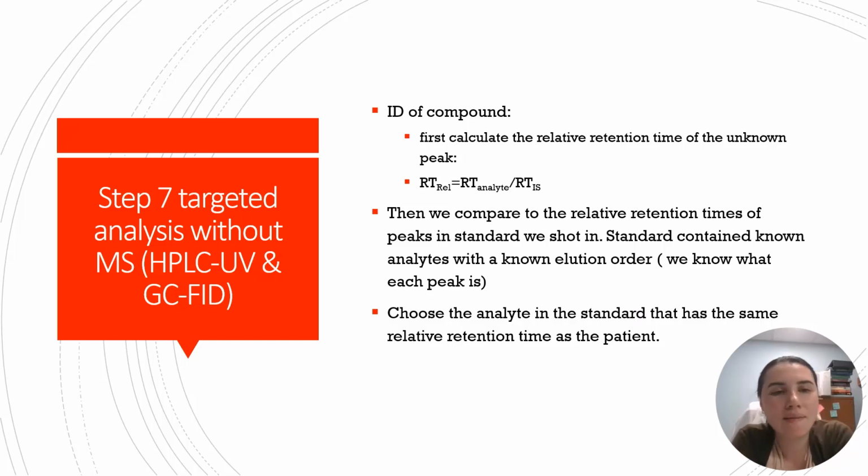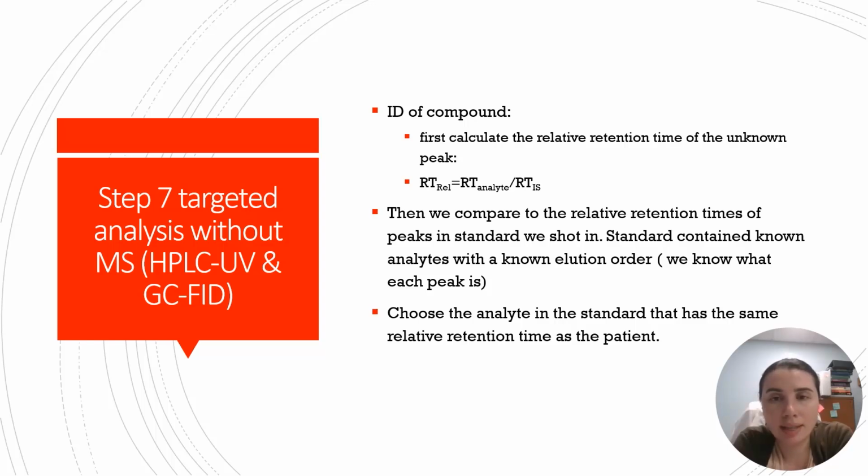If you have LC without mass spec, so if you have HPLC UV or a GCFID, you are going to identify the compound based on relative retention time. So your relative retention time is the retention time of your analyte divided by the retention time of your IS.